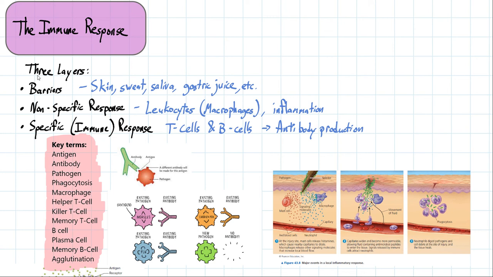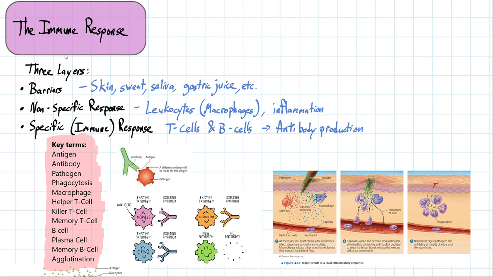So there are three layers to your immune response, and they are basically in order of how something would pass through them. The first one are barriers, things like your skin, the oils on your skin, which are bactericidal, or just like the skin itself, which is stuck together.